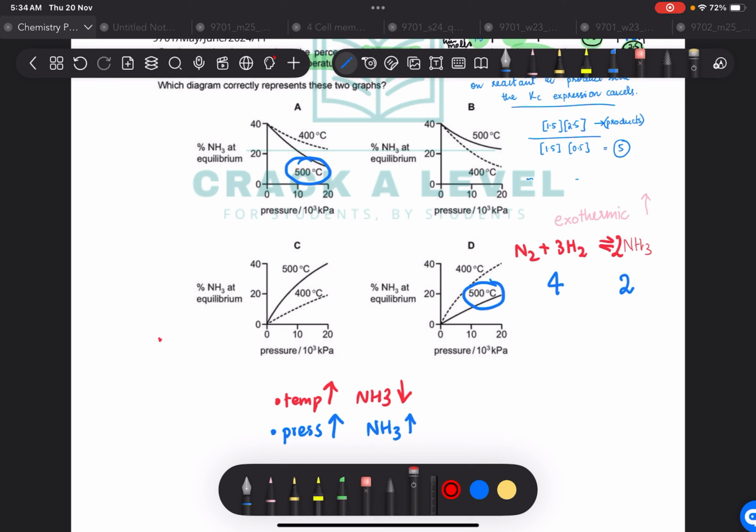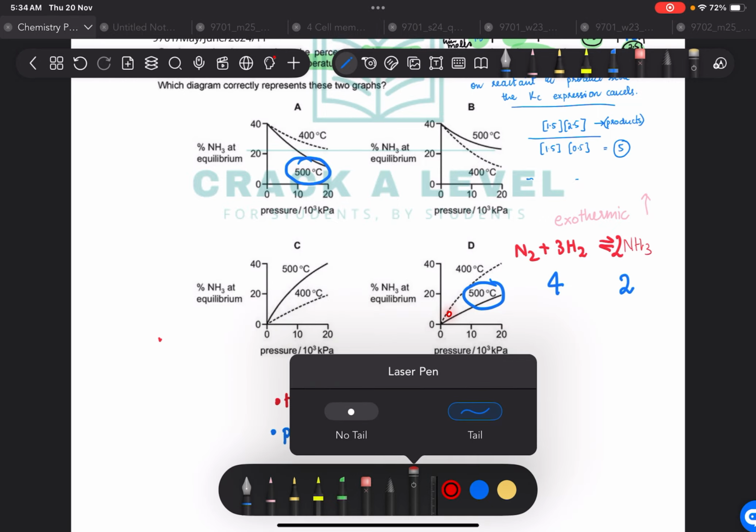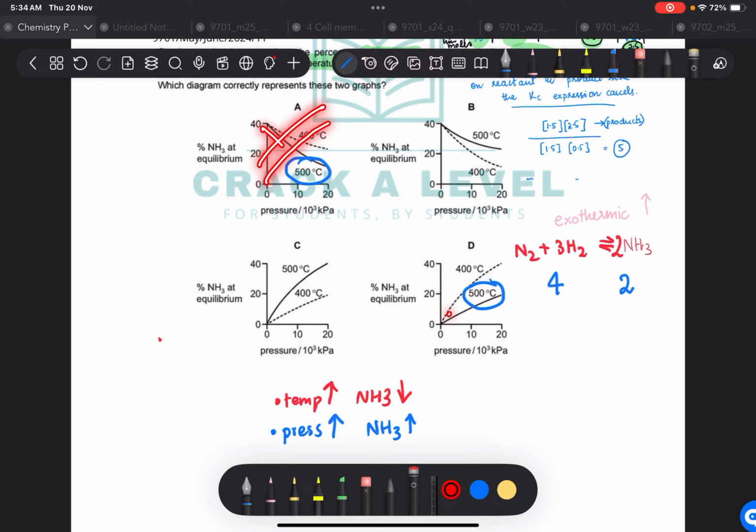So over here, look, we are increasing the pressure from 0 to 10 and then to 20, but ammonia is coming down as we increase the pressure. That's wrong. When we increase the pressure, our ammonia should go up, not come down. So it's going to be for sure option number D, where our ammonia goes up as we increase the pressure.